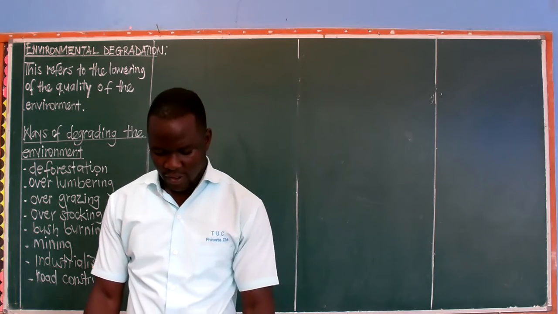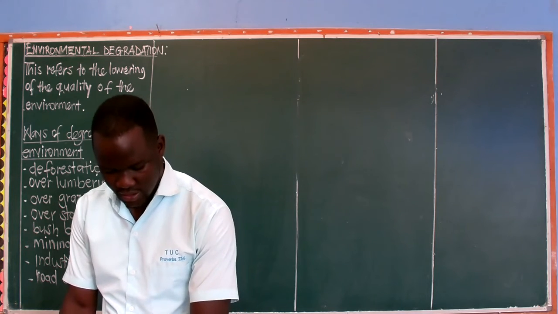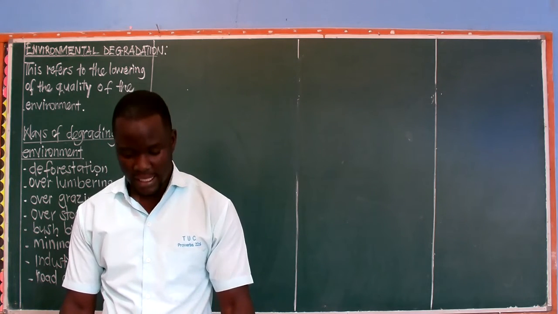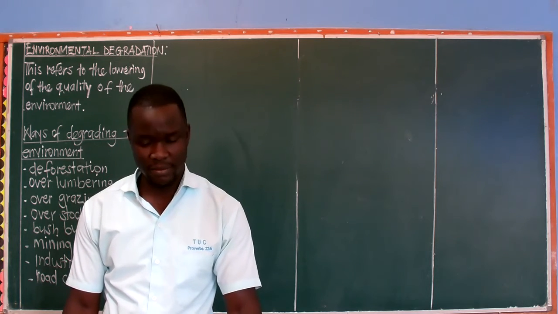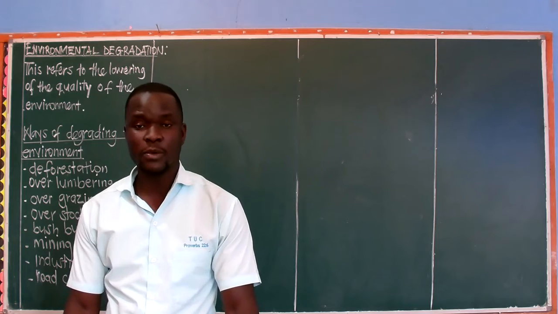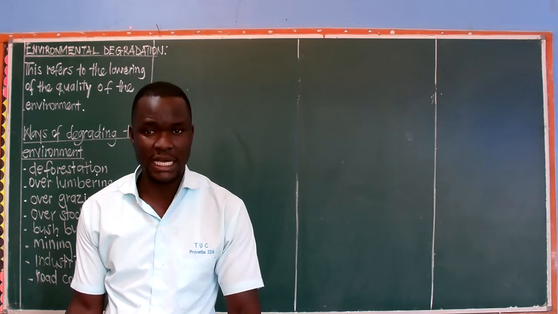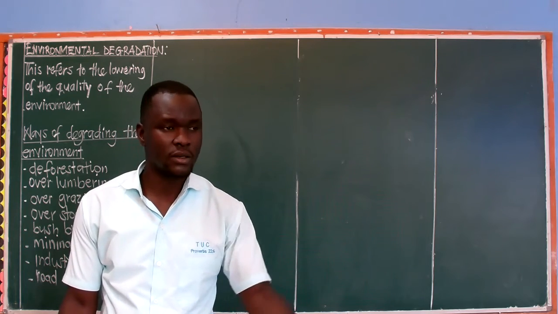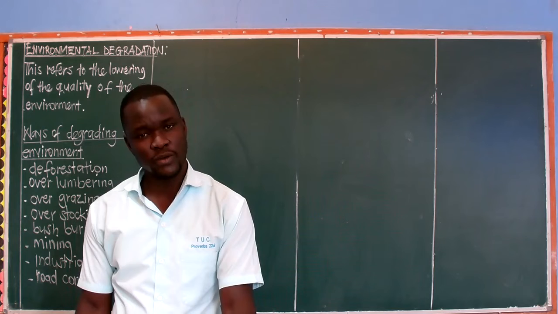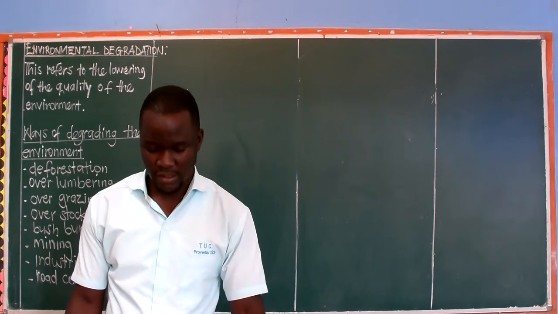And then we have also, of course, the major causes of environmental degradation. We have issues like overpopulation, people becoming too many, others end up clearing some forests. Unemployment, whereby people don't have jobs. At the end of it all, someone resorts to making charcoal. Someone doesn't have a job, goes to cut a tree, makes the charcoal, goes to sell it as a way of getting money. That one comes as a result of unemployment.